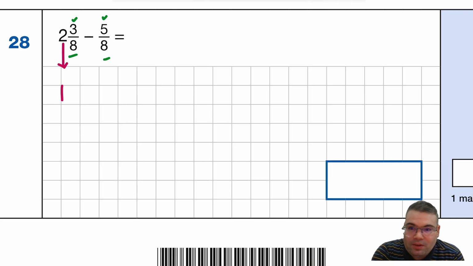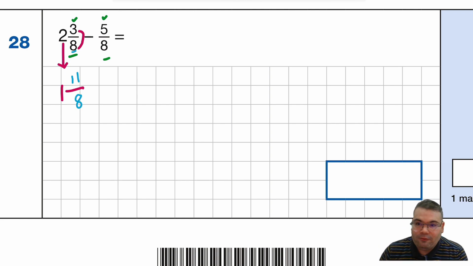Now the next step is to add this 8 and 3. So 8 and 3 is 11. So that 11 you write in the numerator and denominator 8 as it is. Let me repeat it. First of all, reduce 1 from this 2, this will become 1, and then add this 8 and 3, this becomes 11, so write it in the numerator, and this 8 as it is in the denominator.